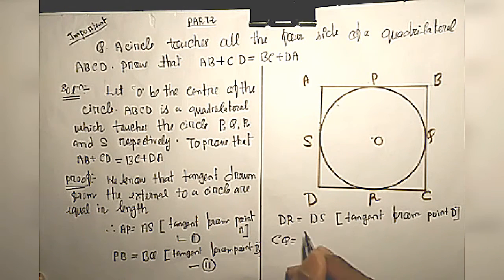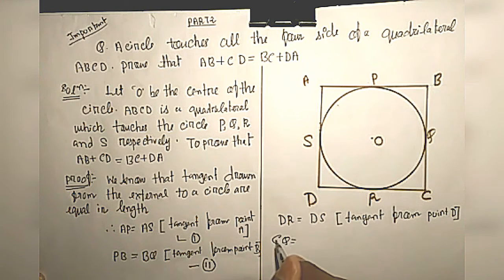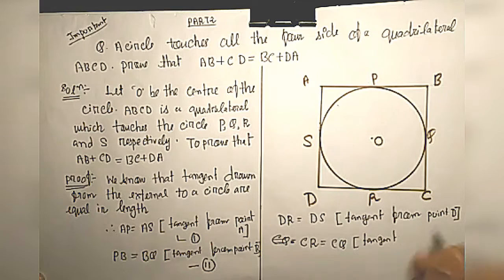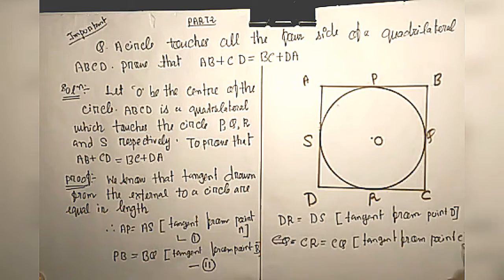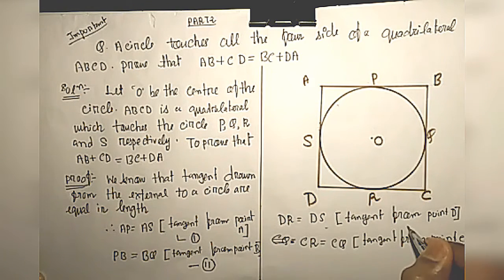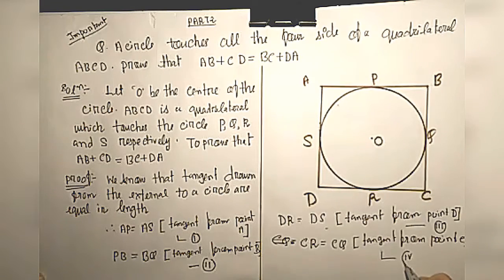So CR equals CQ, tangents from the point C. So this is equation 3 and this is equation 4.